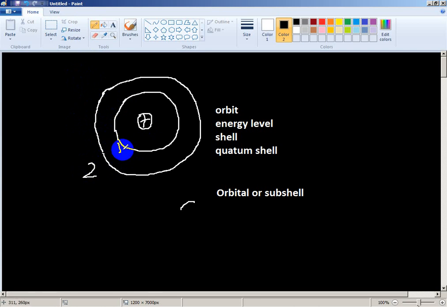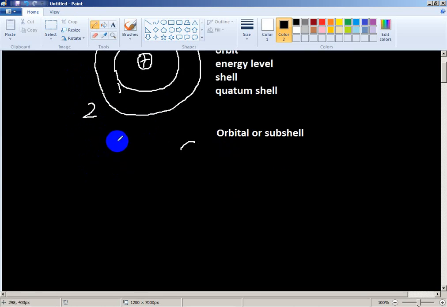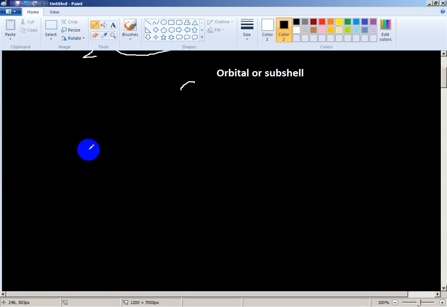Okay, these are the orbitals. Maybe you don't know this: 1s, 2s, 2p, 3s, 3p, 3d.